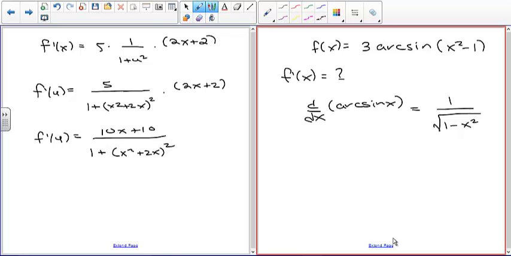So you should know enough how to do that. I've given you the formula. Just apply the chain rule, just like we did in the previous problem. So u is going to be x squared minus 1. f of u will be 3 times the arcsine of u.